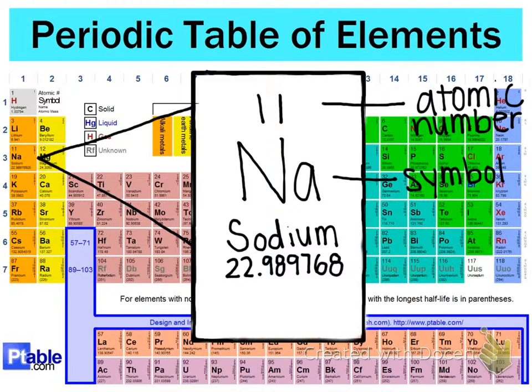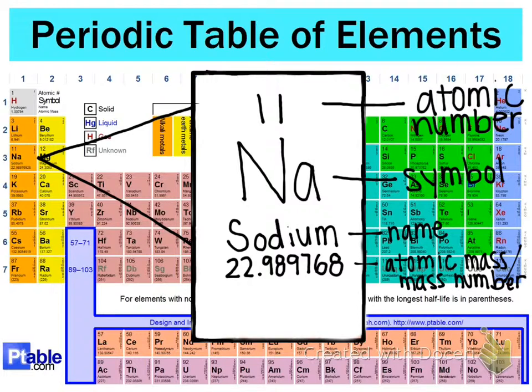Below that will be the full name of the element. And the number on the bottom is going to be your atomic mass, or we also said that could be called mass number. So the number on the top is the atomic number, the number on the bottom is the mass number.